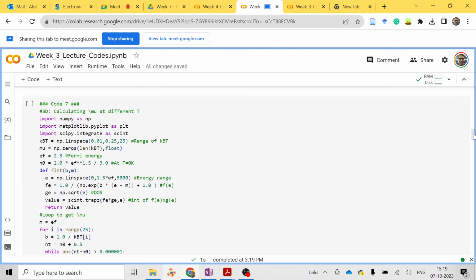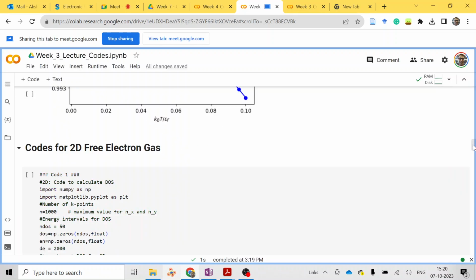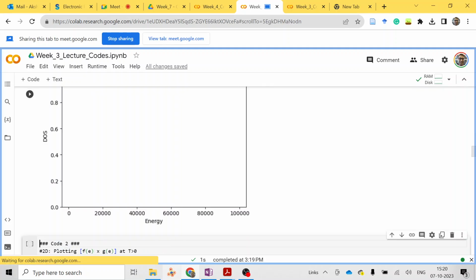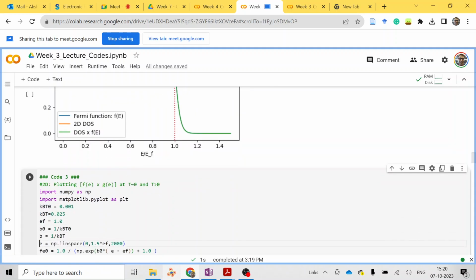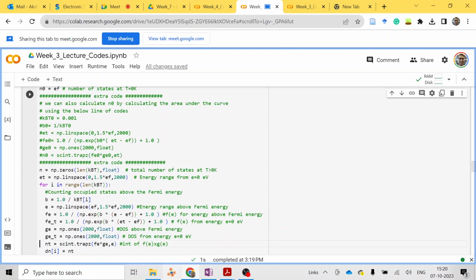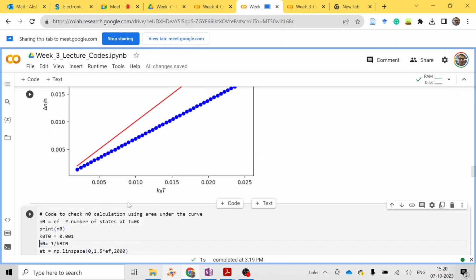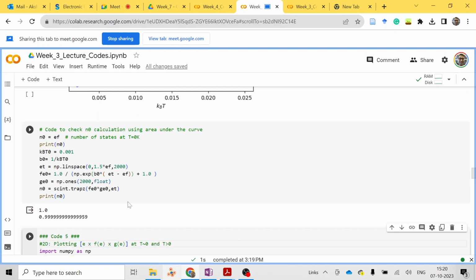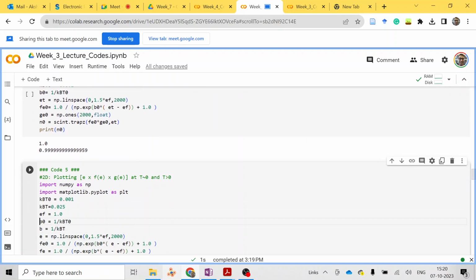Now for 2D and 1D, as we have done earlier, for the 2D case you just have to change your density of states in the code. So code number 5, the 2D case. In the 2D case again we are doing the same.